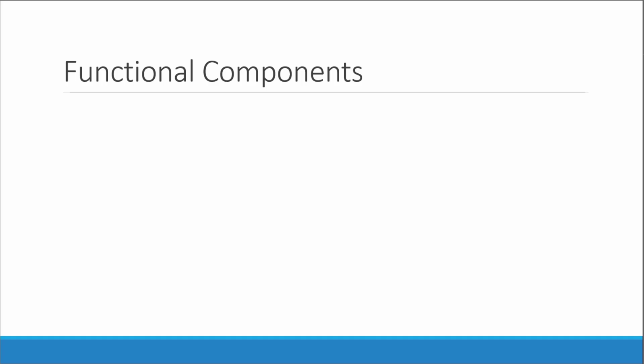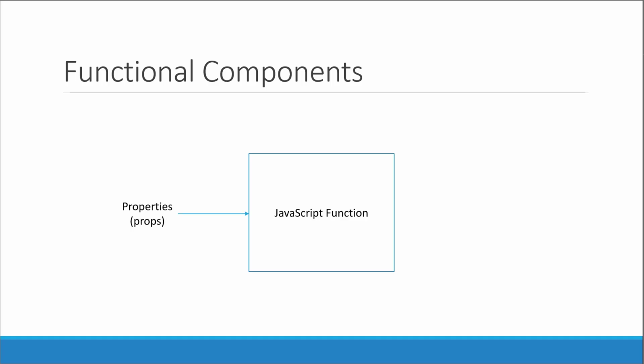Class components are not necessary from a beginner's point of view, but I will let you know where to learn about them at the end of this video. So what does a function component code look like? Function components are literally JavaScript functions. They may accept some input properties and return HTML, which describes the UI.